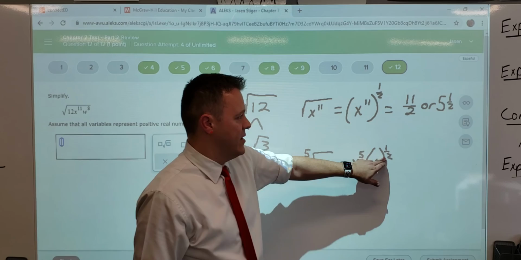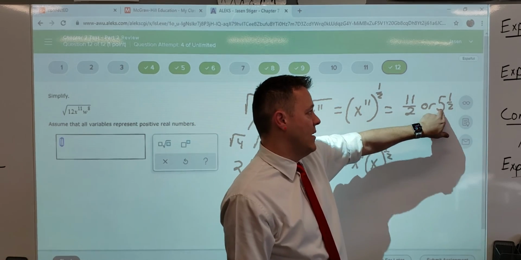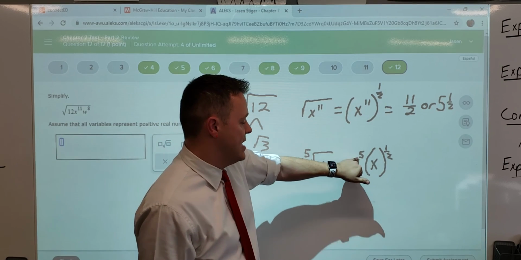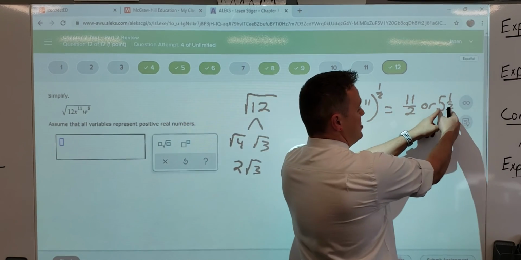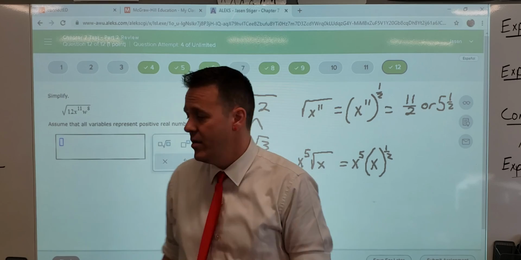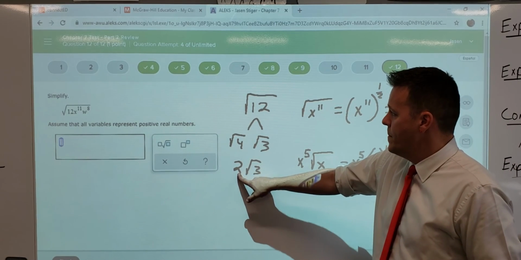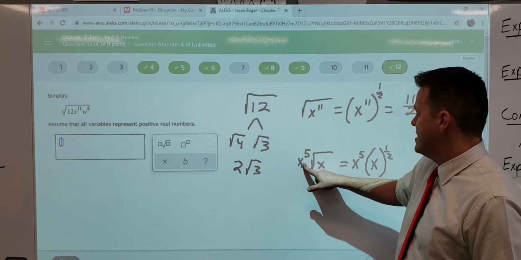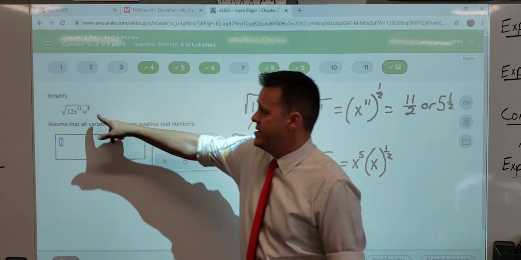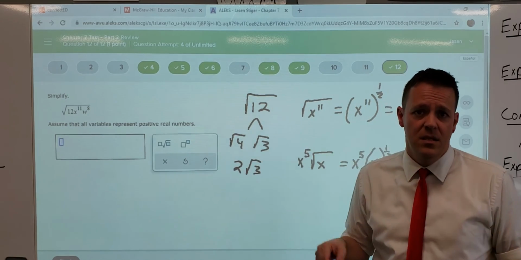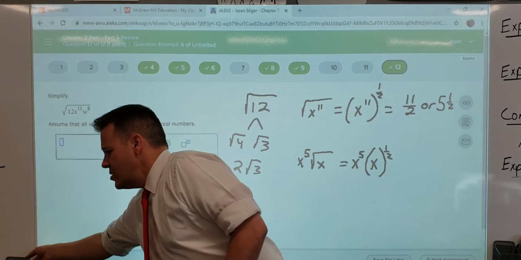So doesn't 5.5 look the same as 5.5? That's what I want to make sure you understand, that this number, 5.5, is actually the same as that exponent right there. And then you'd plug it in. So on here, I would plug in 2, and then it would be x to the 5th, and then w to the 4th, and then the square root would be 3x. Focus on that, guys.